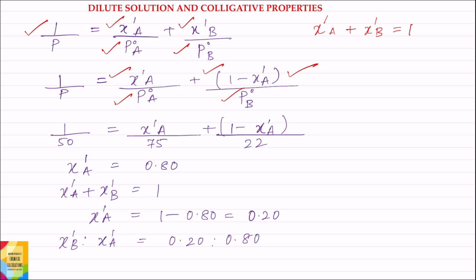Now putting the values, value of P is given as 50 millimeter, vapor pressure of pure toluene is equal to 75 millimeter and vapor pressure of pure benzene is 22 millimeter.